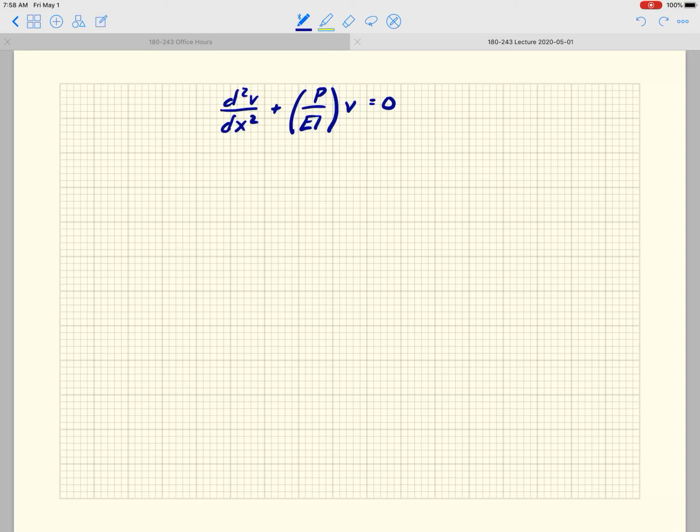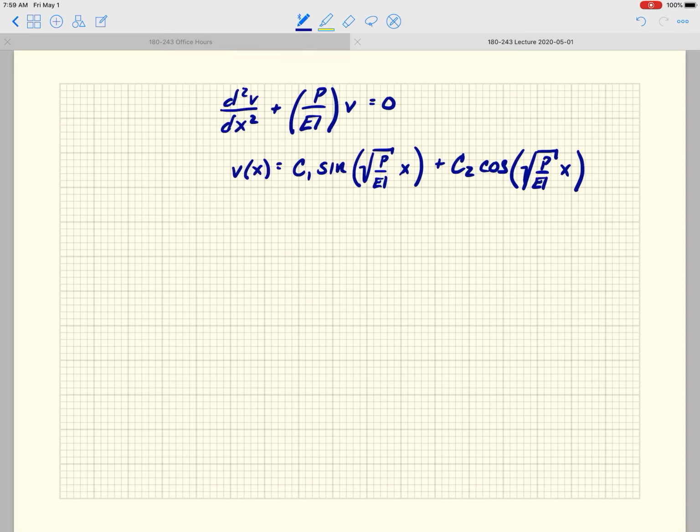So this, if you go back to your class in ordinary differential equations, is a very common type of problem, and it also has a very common solution, which is v of x equals C1 sine of the square root of P over EI times x, plus C2 cosine of the square root of P over EI times x.